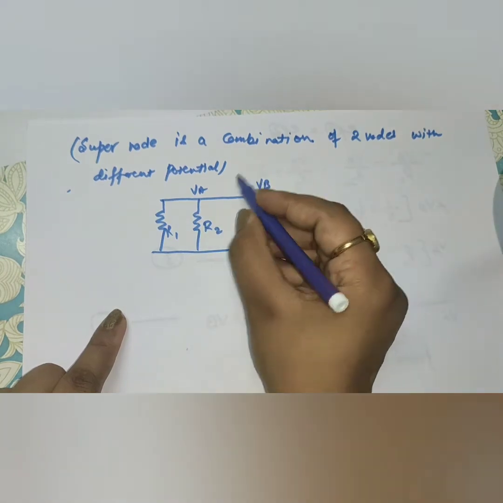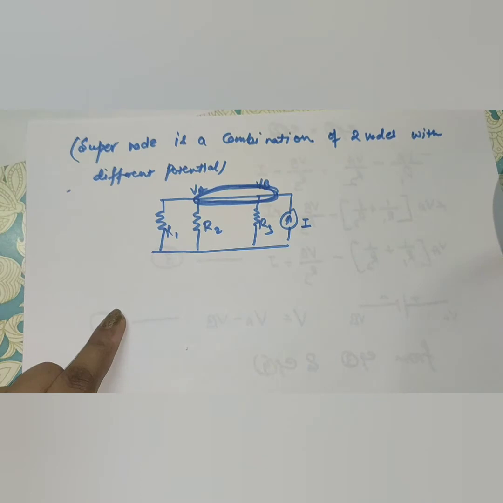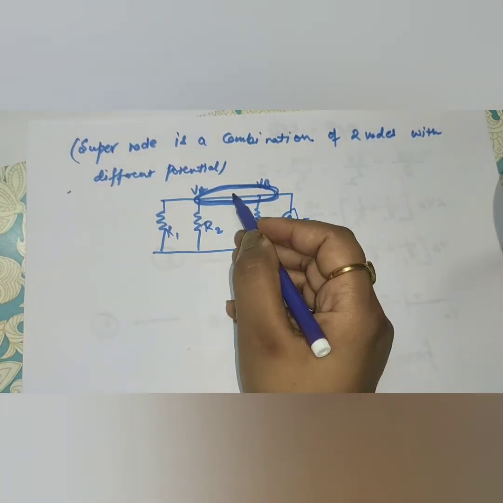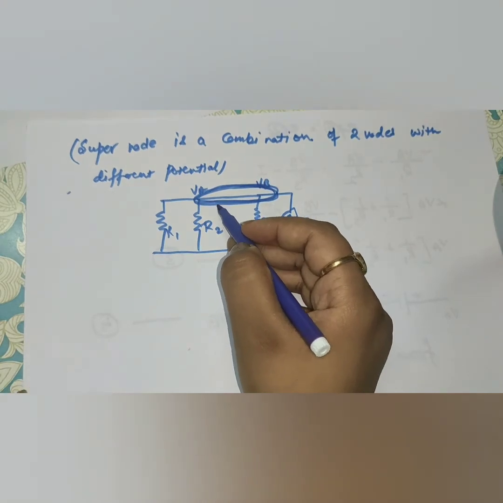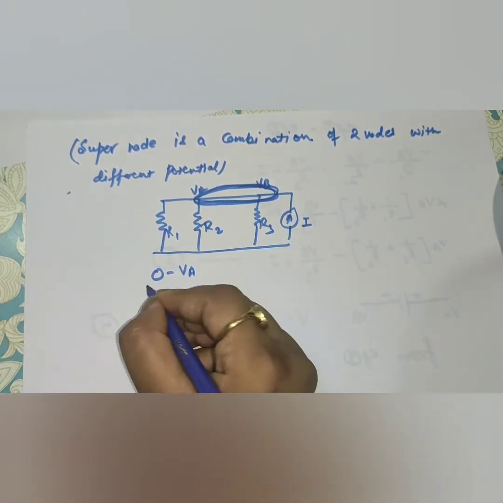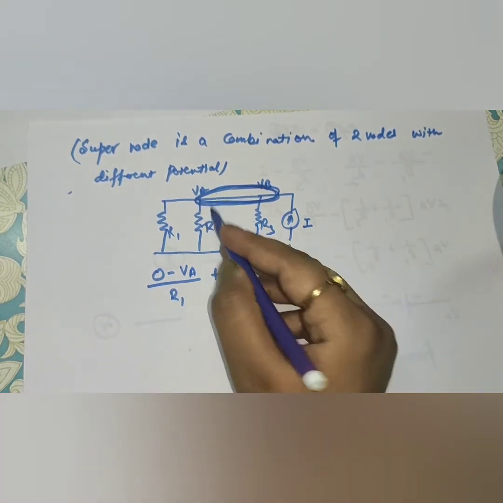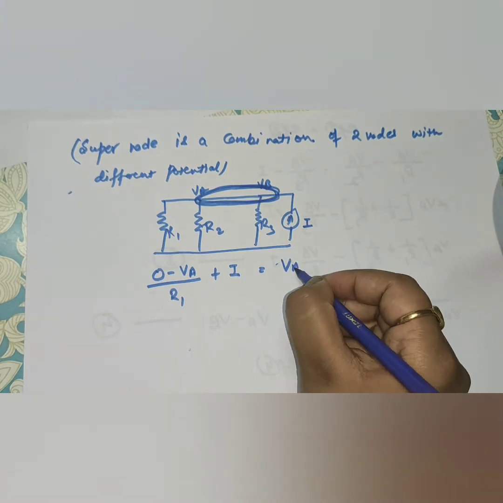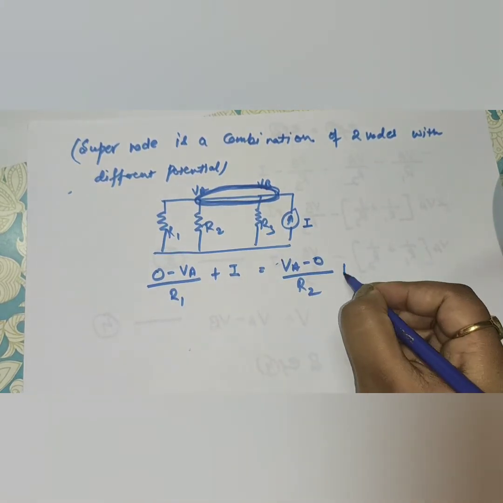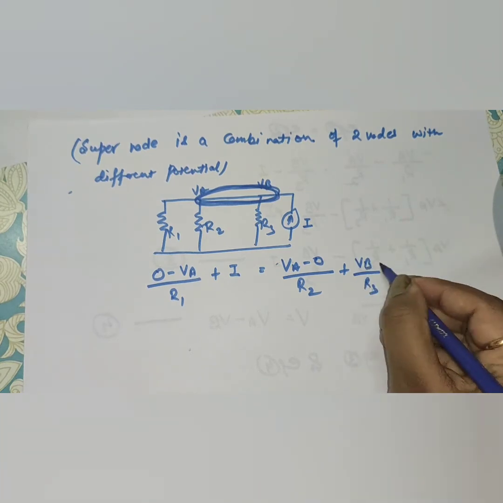So the supernode is this node, a combination of two nodes with different potentials. That is your supernode. For the potential at the supernode, we apply KCL. That will be 0 minus VA upon R1 plus I equal to VA minus 0 upon R2 plus VB upon R3 minus 0.